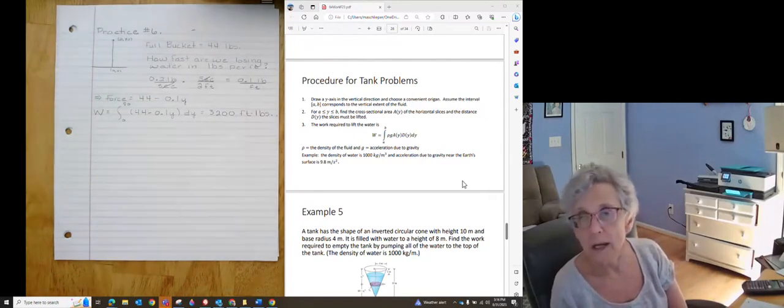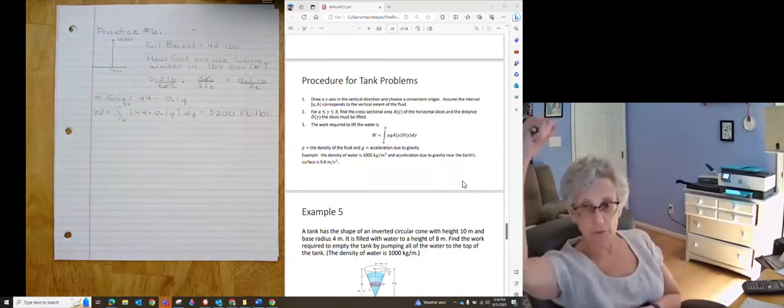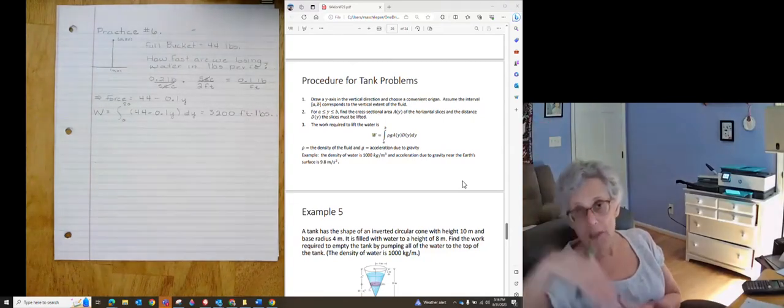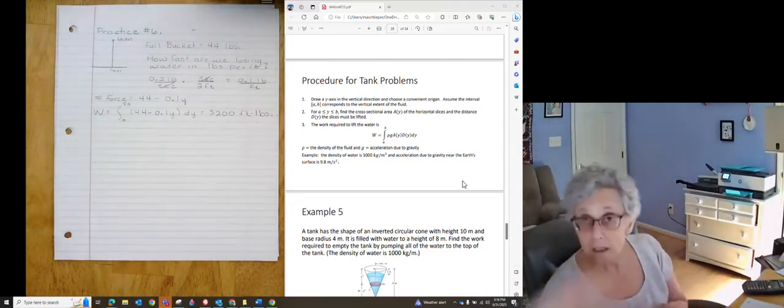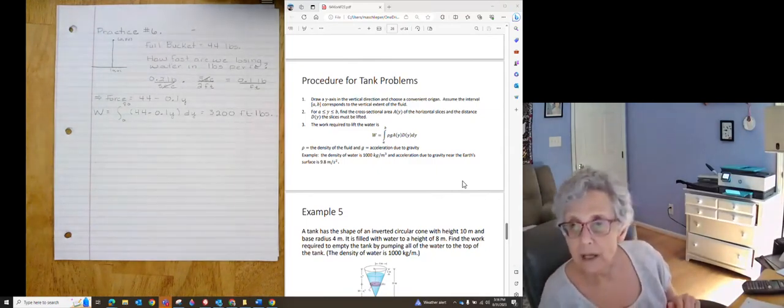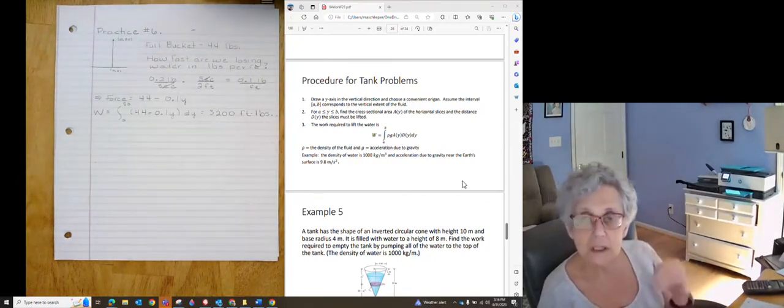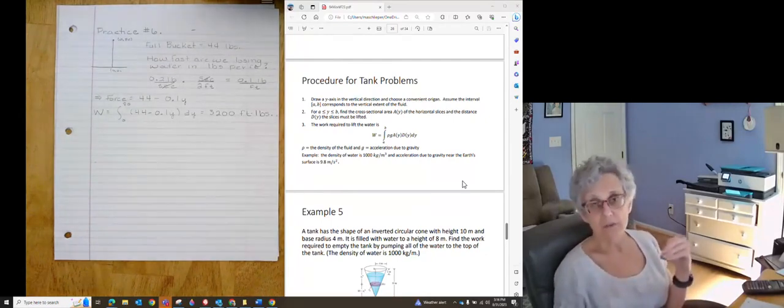Assume the interval a to b corresponds to the vertical extent of the fluid. So we're going to integrate from the bottom of the fluid to the top of the fluid. It may be 0 to something, it may be a negative number to a positive number. Find the cross-sectional area of a horizontal slice and the distance the slice must be lifted.